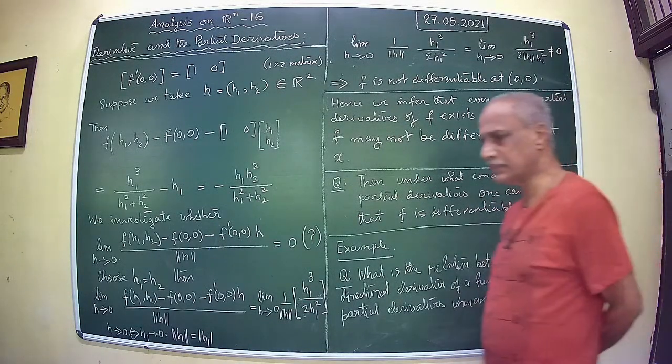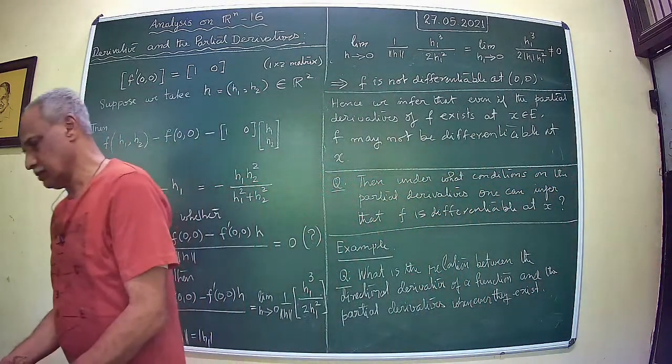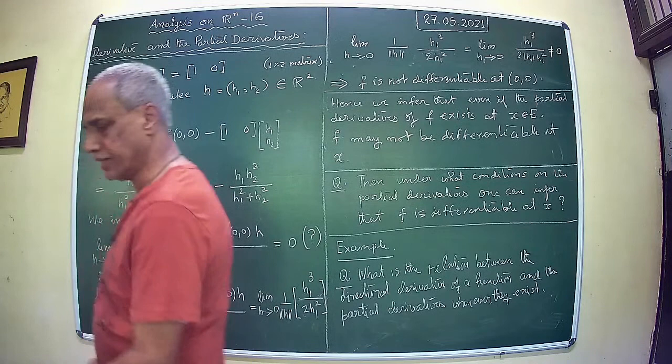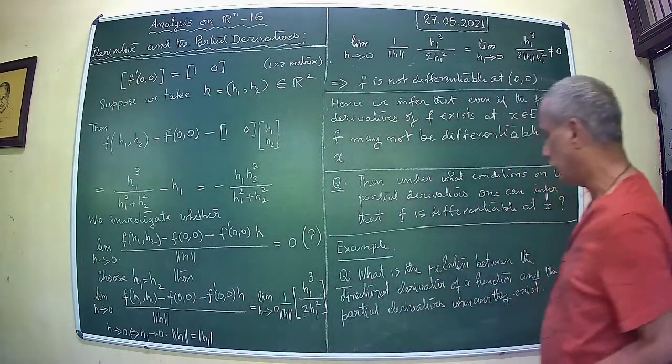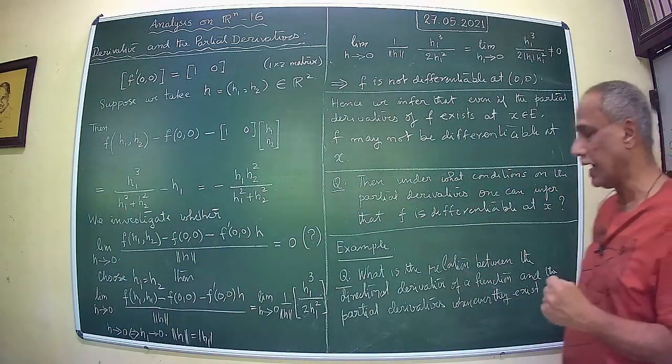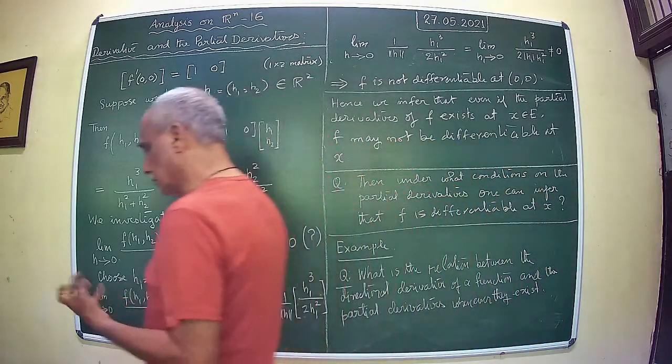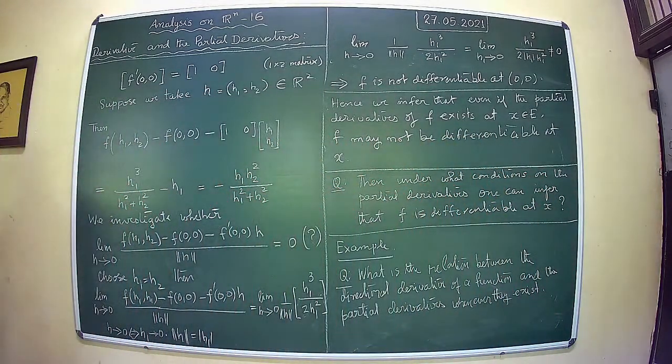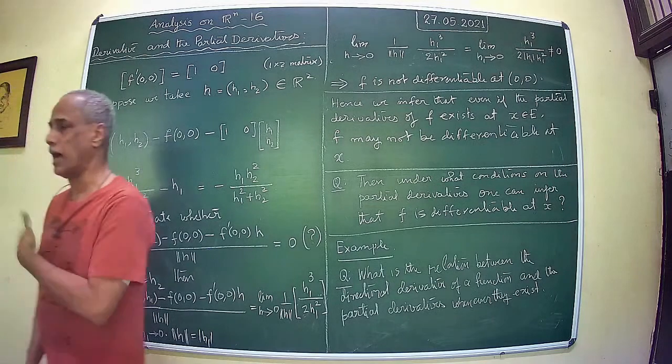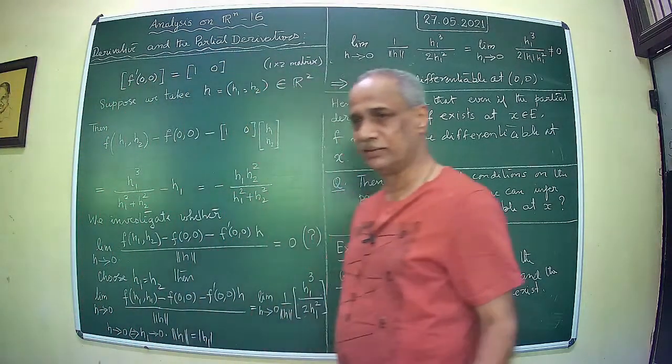Okay, in this regard, we'll make some investigations. So what is the problem? The problem is you have a function defined from some E into Rn. It's a real valued function that is given.